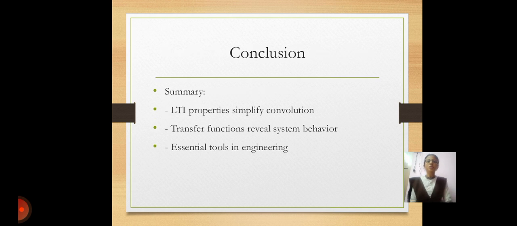Conclusion. The LTI properties simplify the convolution, whereas the transfer function reveals the system behavior. These are essential tools in engineering. The LTI system follows predictable rules that simplify the analysis, and the commutative, distributive and associative properties make the convolution manageable, whereas the transfer function helps us understand the behavior of the system in the frequency domain.